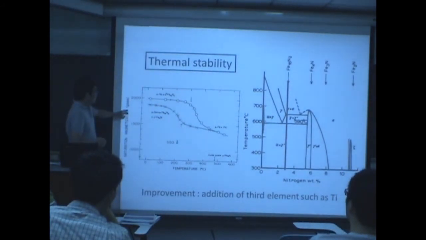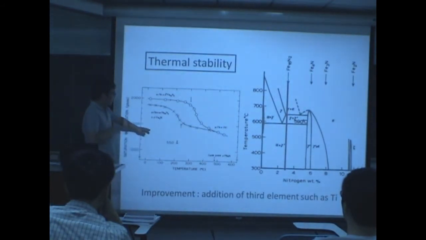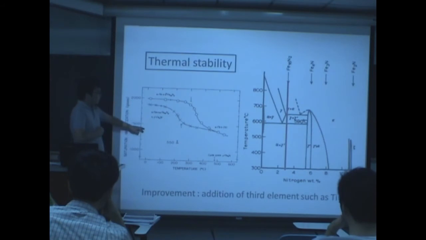Here, as the figure shows, because of the nature of the metastable alpha-double-prime, it decomposes at a temperature above 300 degrees Celsius.